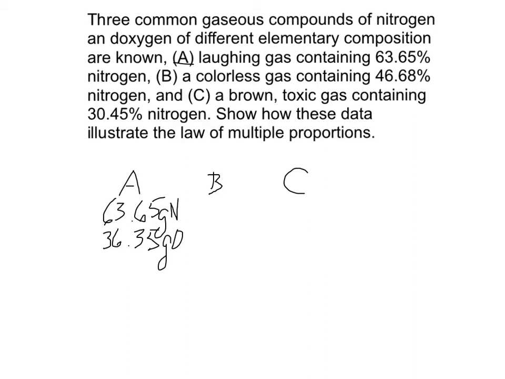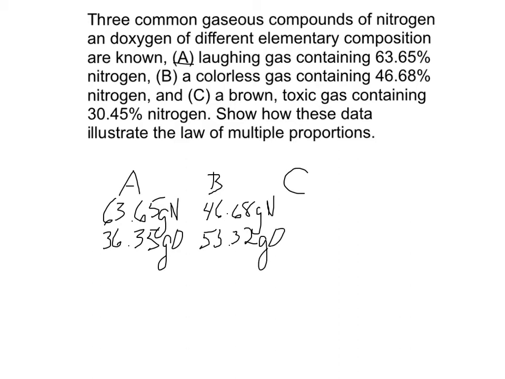In B, we have 46.68 grams of nitrogen, because we're changing percents to grams. That means the remaining is oxygen, and the remaining would be 53.32 grams of oxygen.